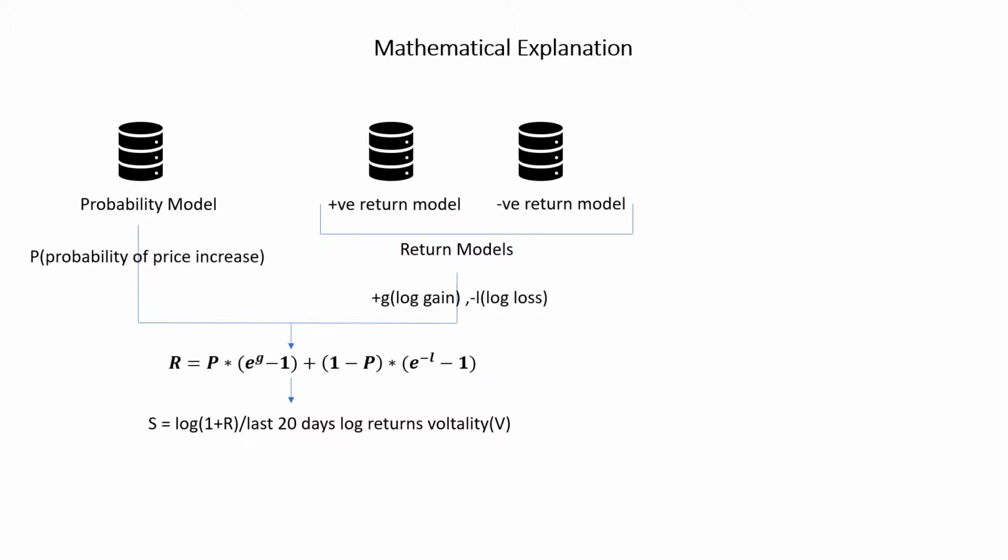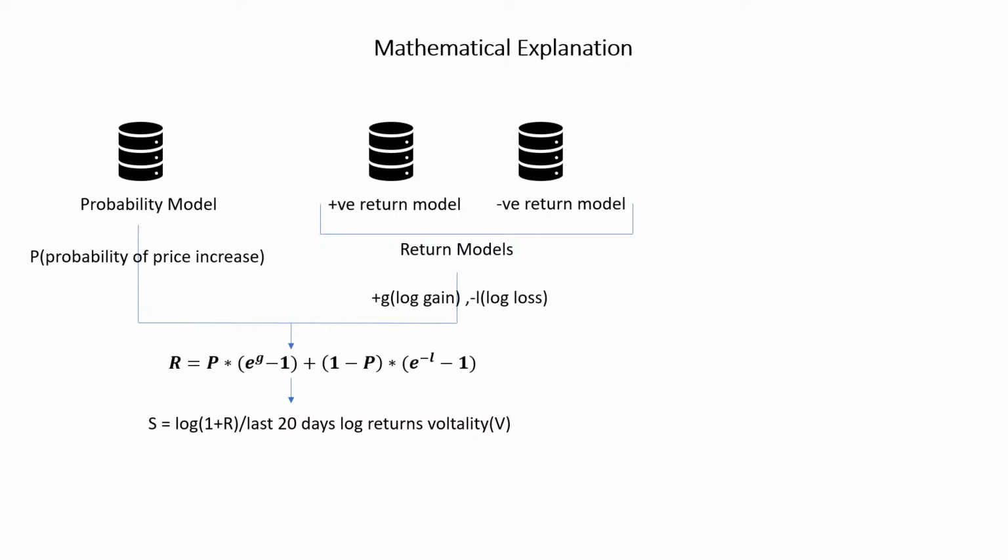It's because log returns are much more stationary as compared to fractional returns. And then we calculate our expected returns as the probability into... here with the exponential of g minus 1, we are converting our log returns into percentage. So this R is basically the expected percentage return for the stock.